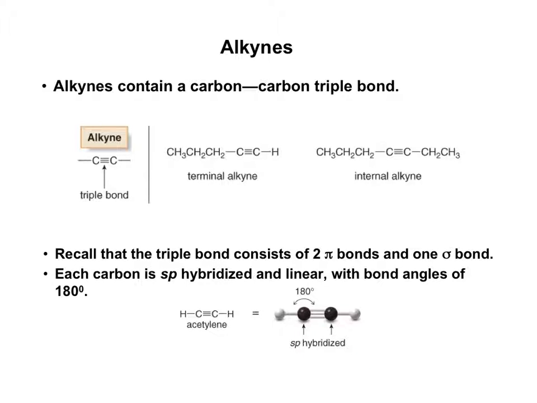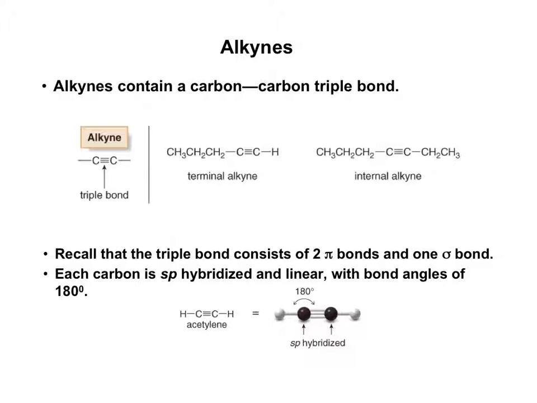Looking at the position of the triple bond within an alkyne, we can divide our alkynes into two classifications: the terminal alkyne or the internal alkyne. The terminal alkynes are those in which the triple bond is at the end of a molecule, while an internal alkyne has the triple bond somewhere other than the end.